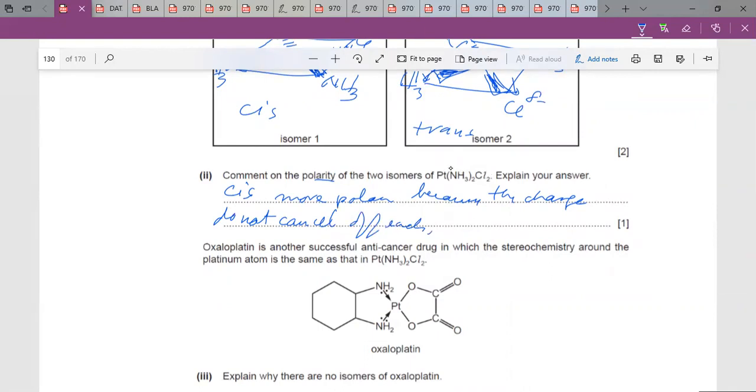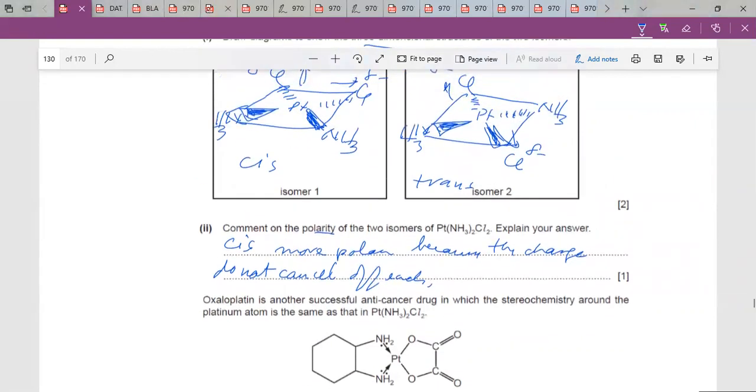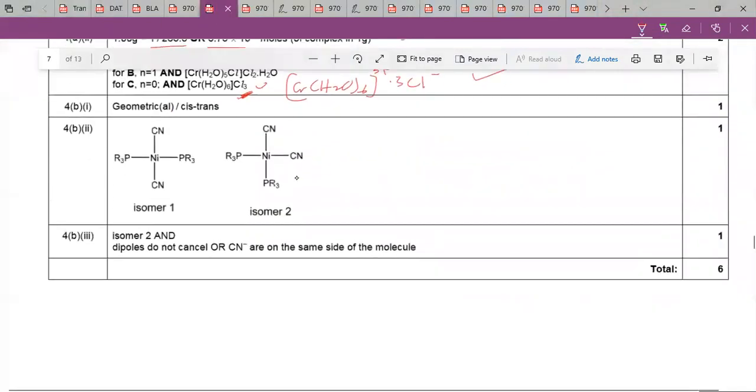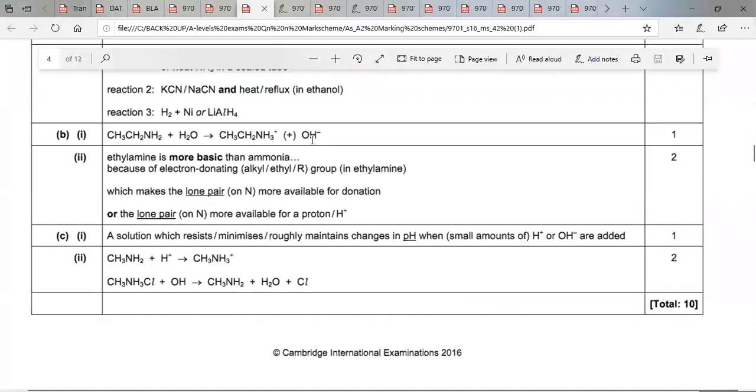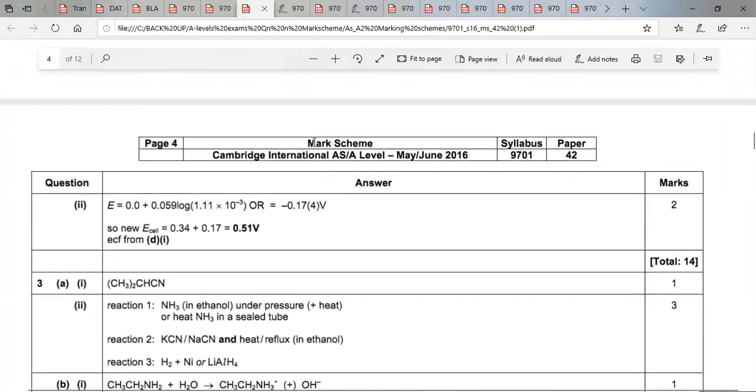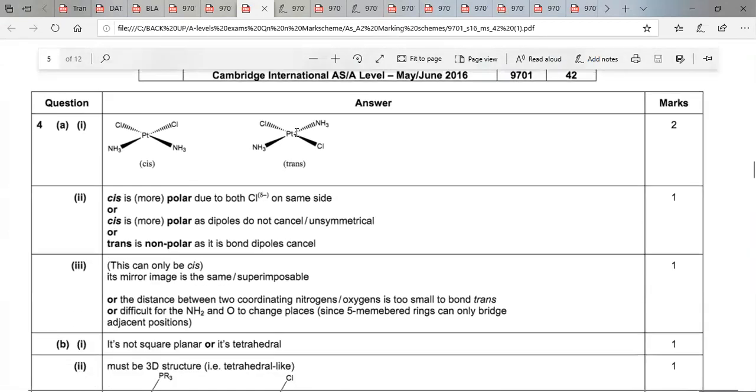Now let's look at the marking scheme first. I think I got it step by step. So remember, coming out like that.